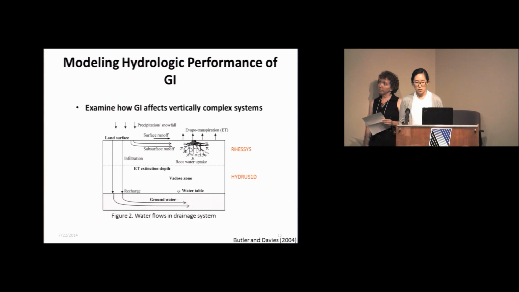So consideration of ecological services in green infrastructure design requires an integrated ecosystem approach with the continuous and distributed hydrologic representation.